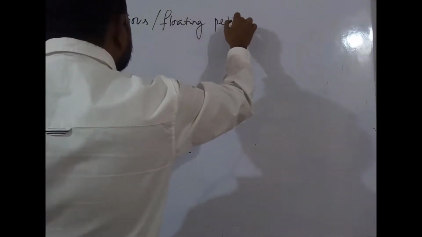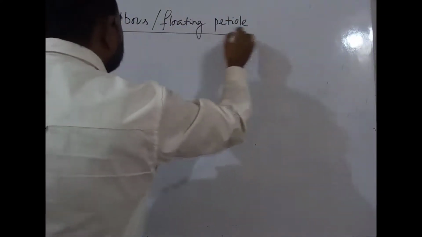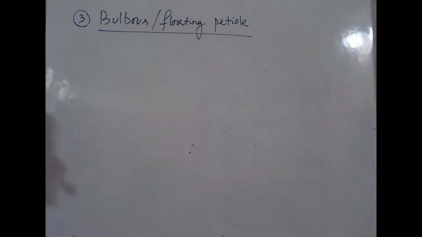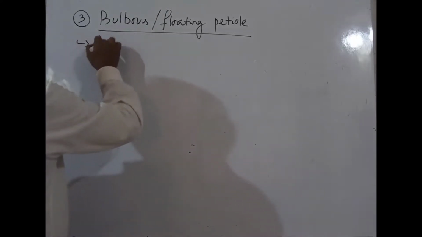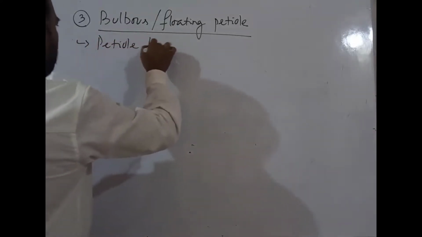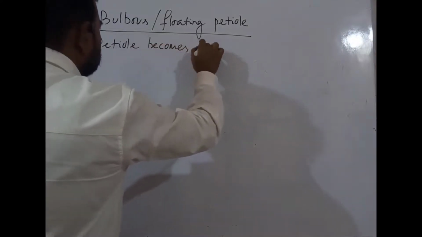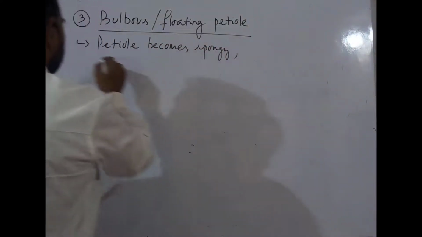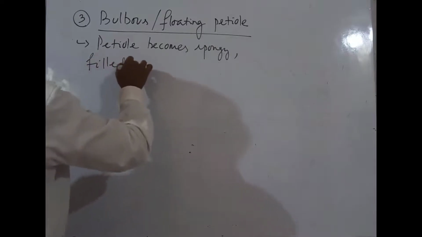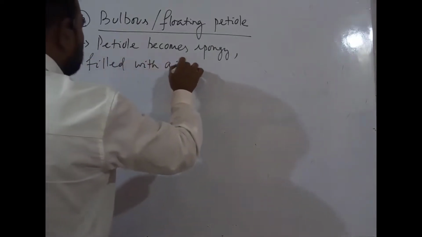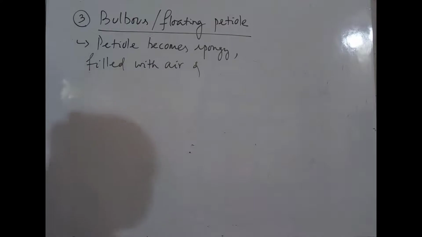It is found in aquatic plants. Here the petiole becomes a bulb-like structure. It gives some floating. So the petiole becomes spongy and filled with air, and maintains buoyancy or helps in floating.